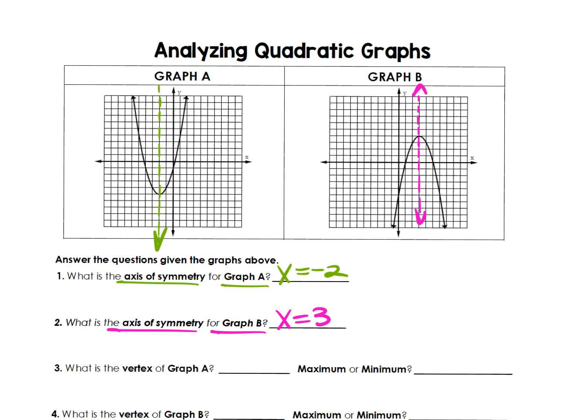Okay, what's the vertex of the first graph? What is this point? -2, -5. Is that vertex a maximum or a minimum? It's the lowest point on the graph. That's a minimum.